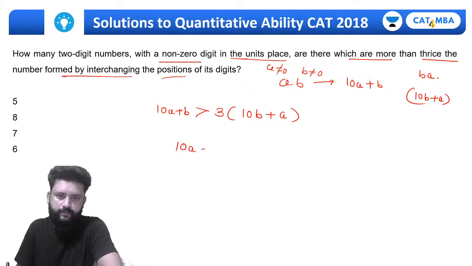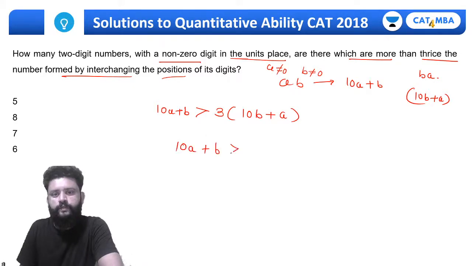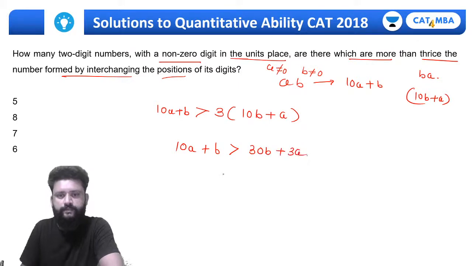So 10A plus B must be greater than 30B plus A. 7A must be greater than 29B.